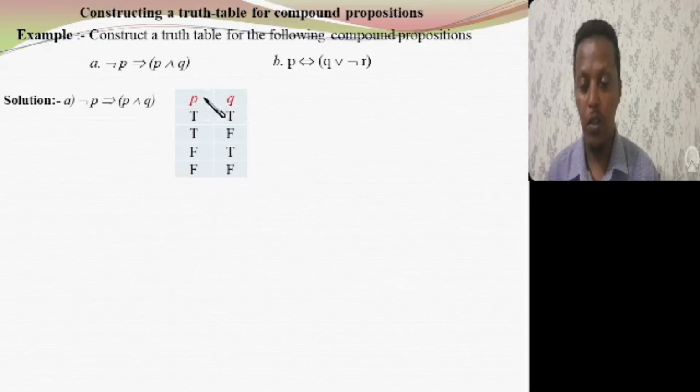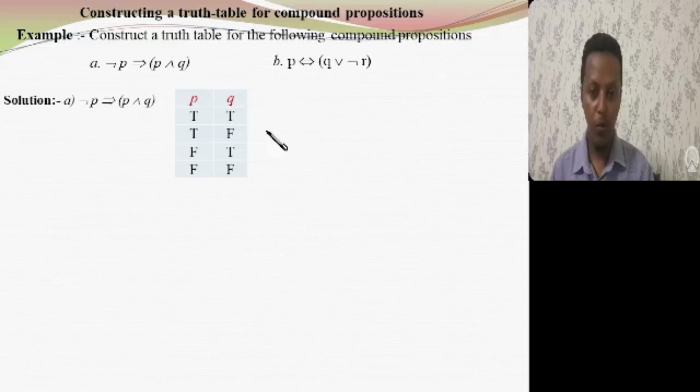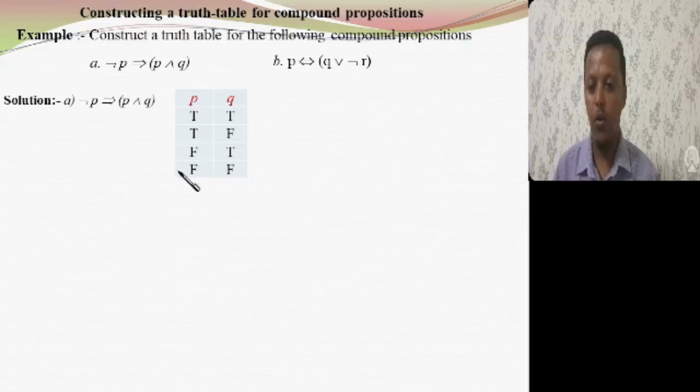After you list the four logical possibilities, for each logical connector, we will have one column. That means for negation, I will have one column for negation of P. For conjunction, I will have one column. And for implication, I will have one column.